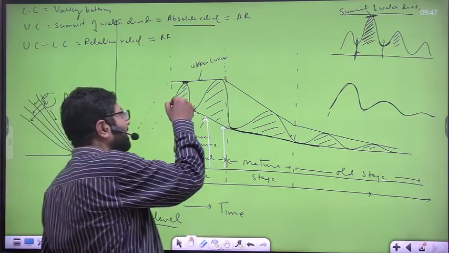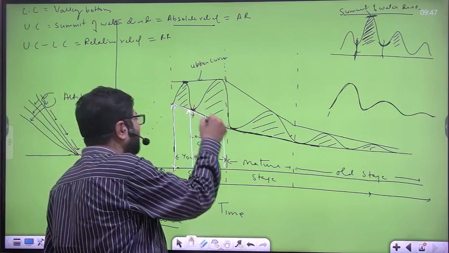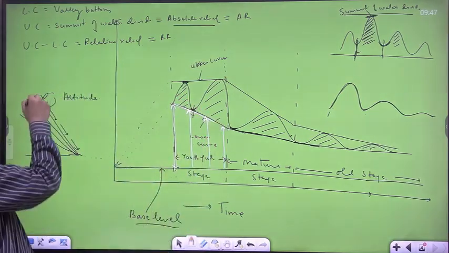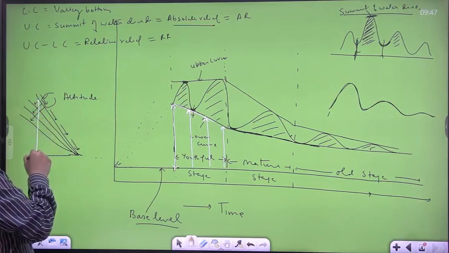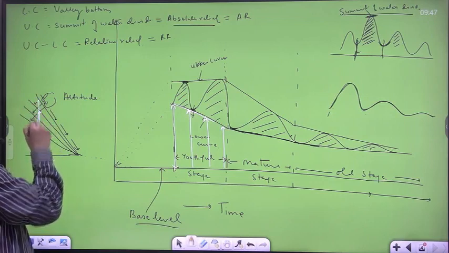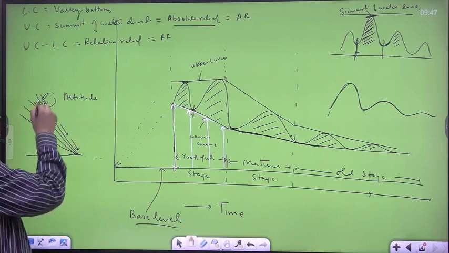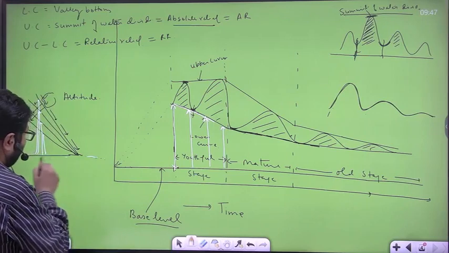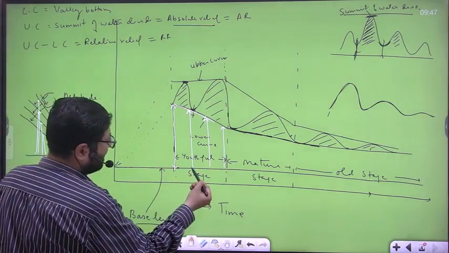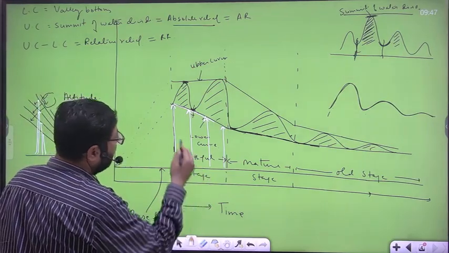This lower curve indicates valley bottom. See, same thing. This was the valley bottom here. Then see this valley bottom has lowered. This valley bottom is lowering or not? This is sea level, this is base level. Base level is what? Base level is sea level.